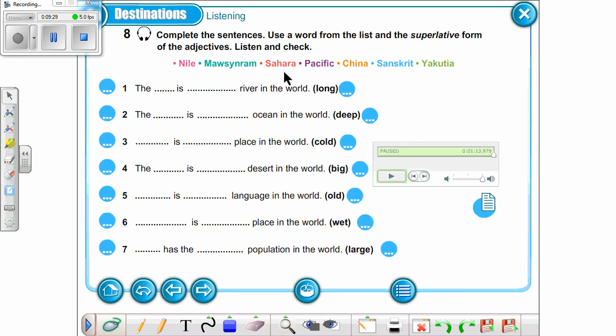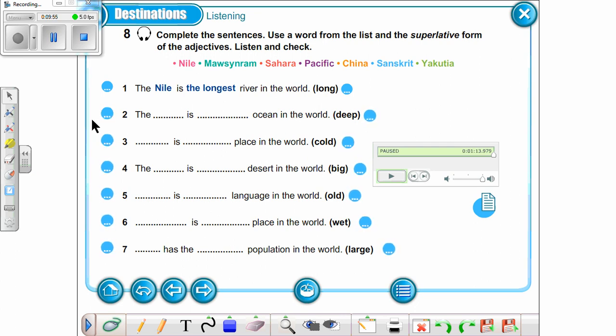Okay, so I have Nile, Mosinram, Sahara, Pacific, China, Sanskrit, Yakutia. Number 1, the space is the space river in the world. The Nile is the longest river in the world. Number 2, the space is the space ocean in the world.